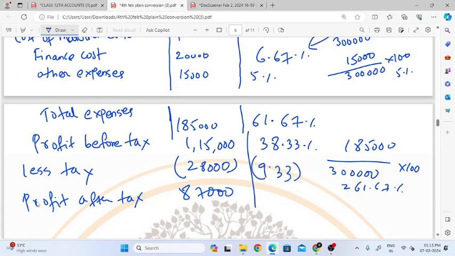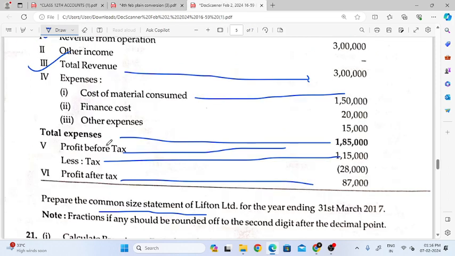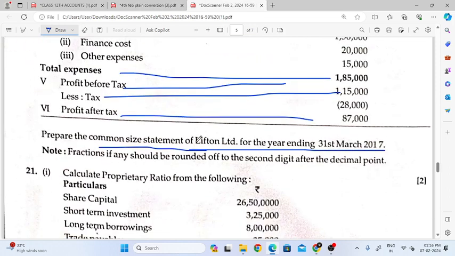That is in negative figure. Then 87 divided by 3 lakh multiplied by 100, 29%. Okay, so this is how you have to find out the common size statement of Lifton Limited.